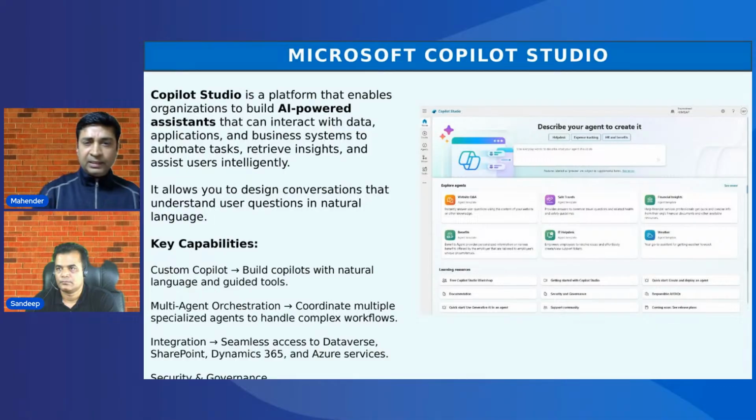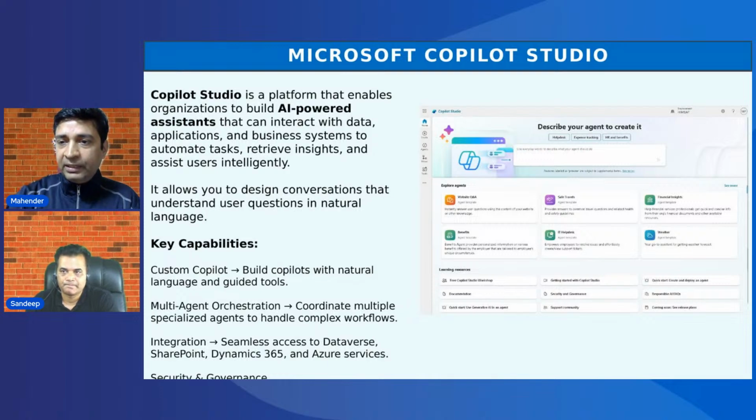There are inbuilt connectors available. We can use the MCP server, a structured way to connect to different applications and get the data from there. So this is the IDE, the development studio where we are developing our agents, right?